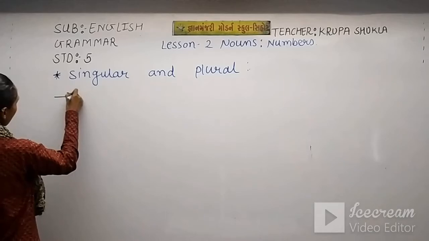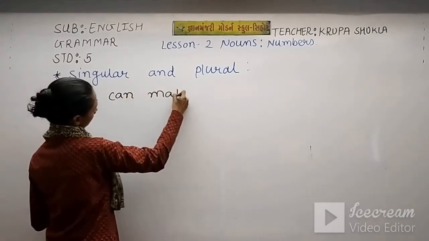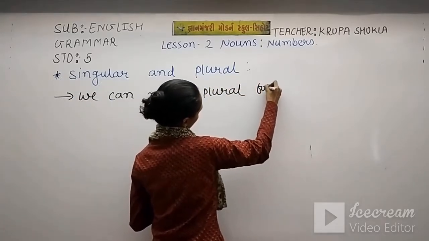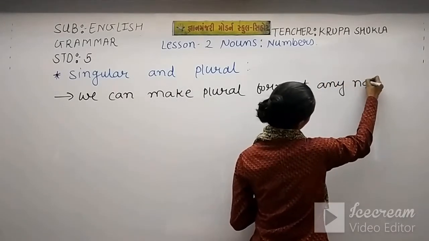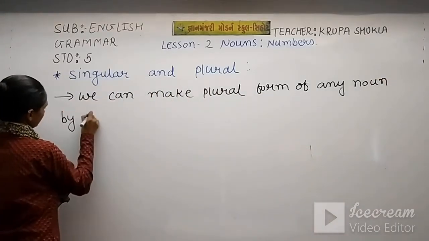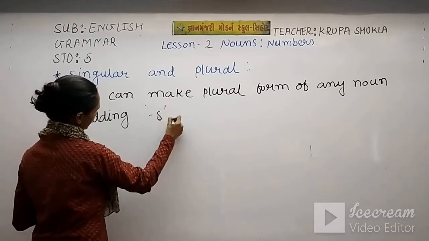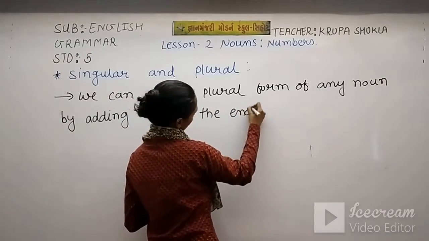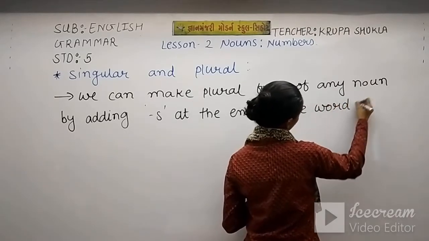We make the plural form of any noun by adding s at the end of the word, or you can say at the end of the noun.